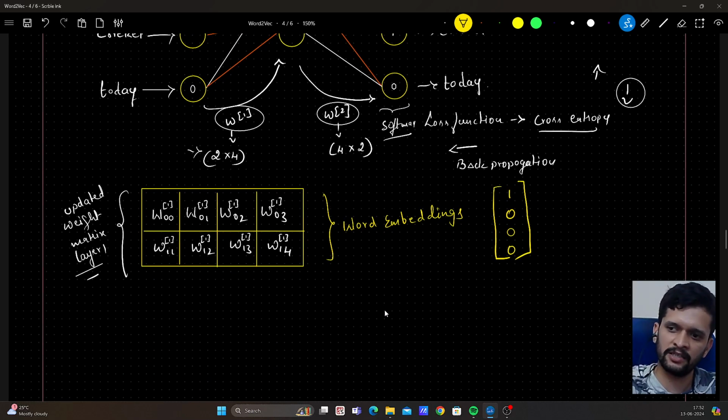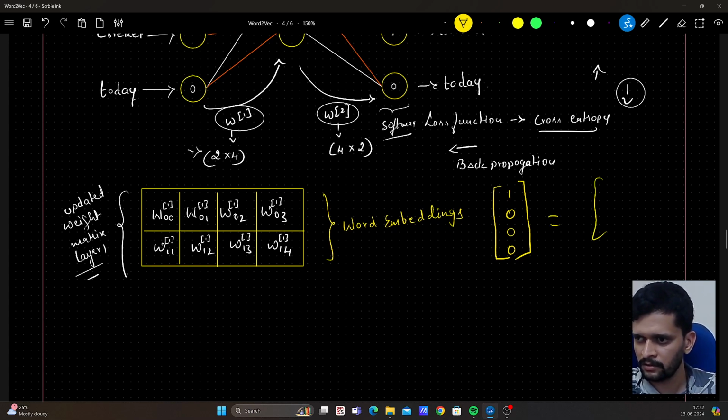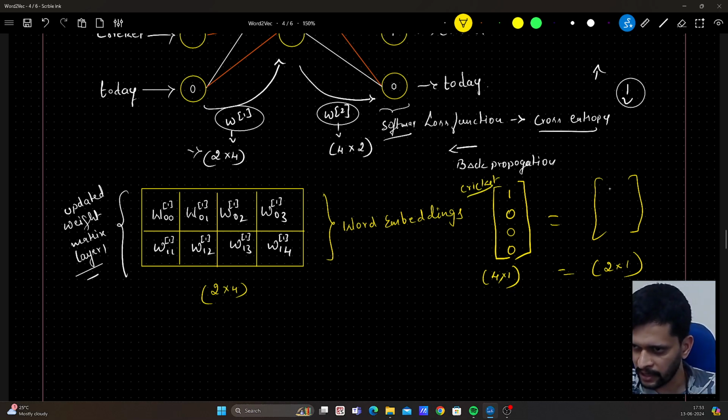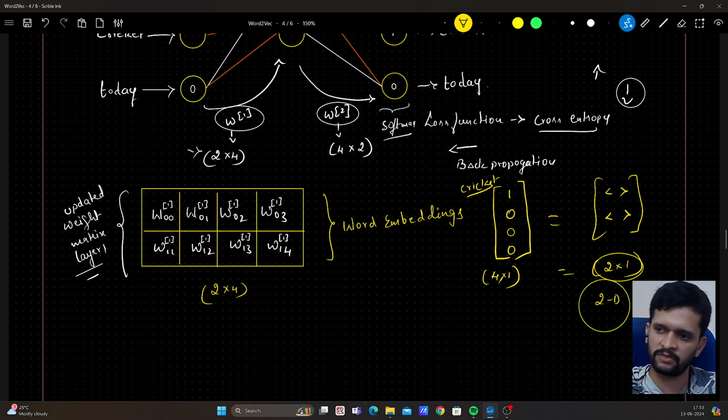Once I multiply this, what will be the output size, guys? Any guesses? The matrix 1 is of 2 cross 4, the matrix 2 is of shape 4 cross 1, and the output will be 2 cross 1, right? So for the word cricket, I will have the word embedding of shape 2 cross 1, or a 2-dimensional vector space.